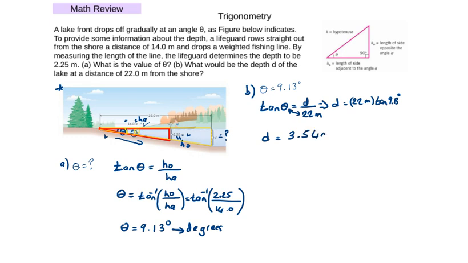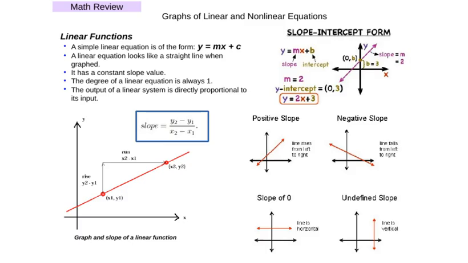D will be 22 meters times tangent of 9.13. I'm dropping degrees here because I will always use degrees. And I should get 3.54 meters.